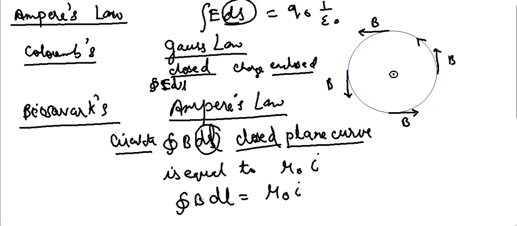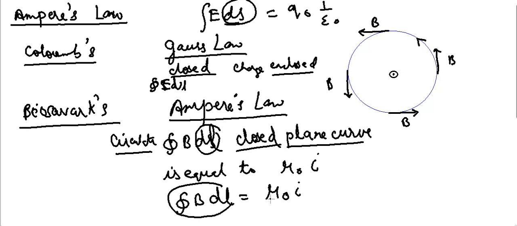This term, the integral of B dl, is also called the circulation of magnetic field, because we go round in a closed loop. That's why it is called a circulation. There it was called flux because it was integrated over an area; here it is called a circulation because it is integrated over a curve.